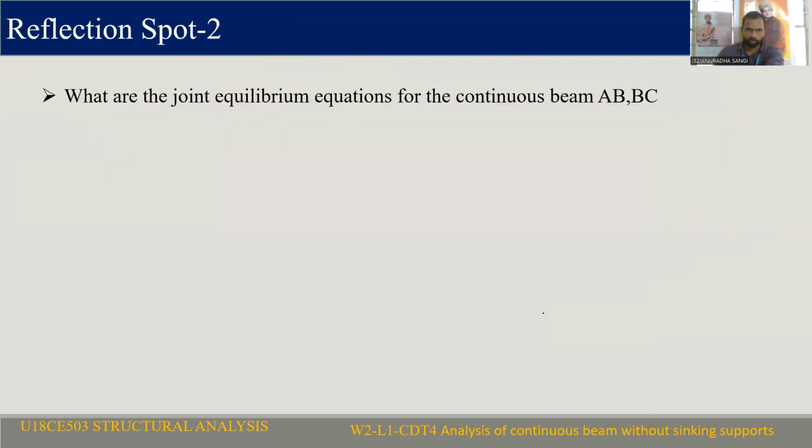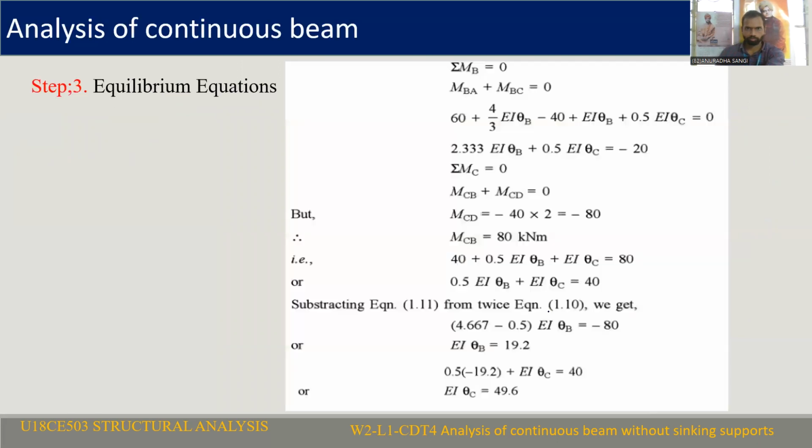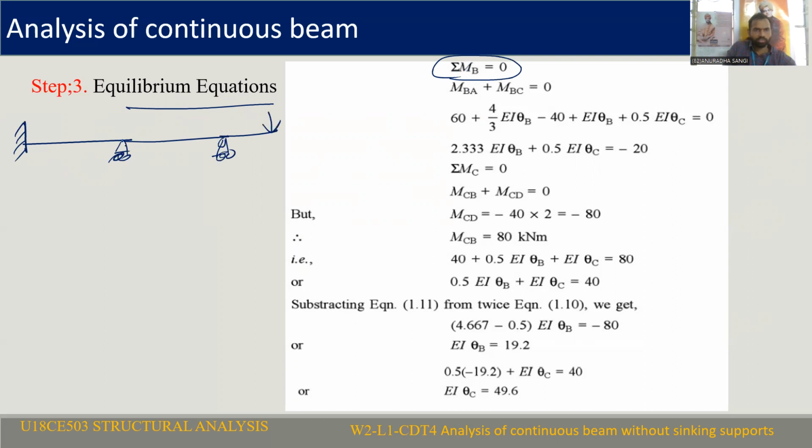Coming to step 3, we need to form the joint equilibrium equations. One of the joint equilibrium equations is the summation of moments at joint B equal to 0. In our given figure, that means MBA plus MBC will be equal to 0.